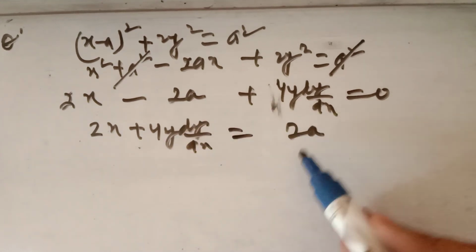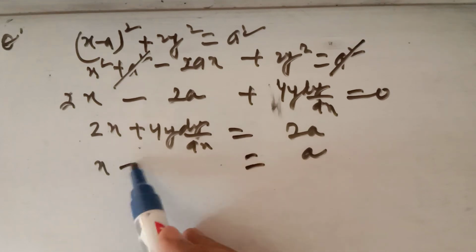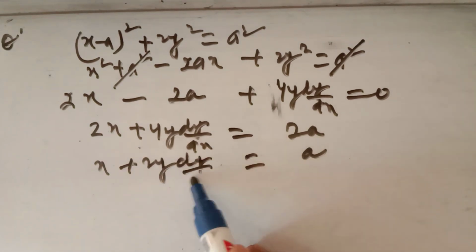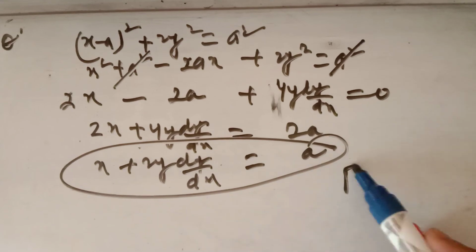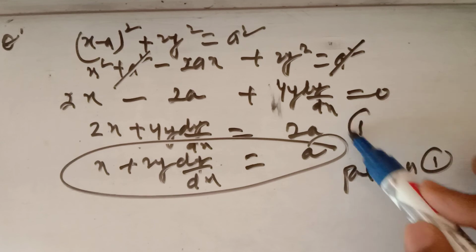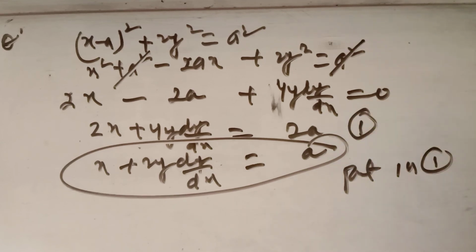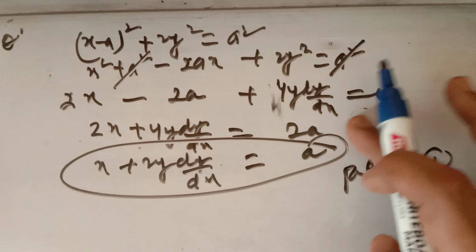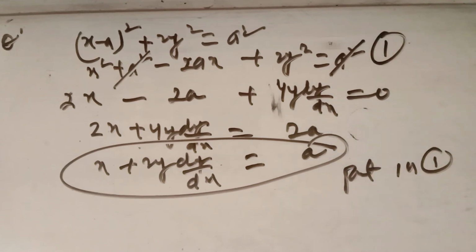A will be equal to x plus 2y dy by dx, and you can put this value of a here, in the original equation. By replacing the value of a, you can eliminate a, and you will get the differential equation of this family of curves. So this is question number 3 of your miscellaneous exercise.